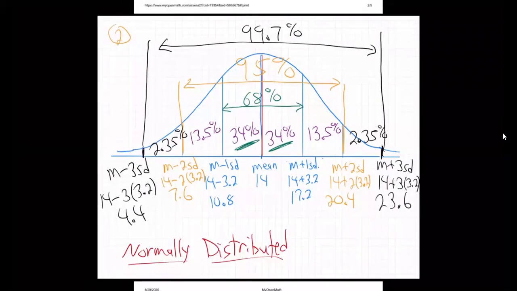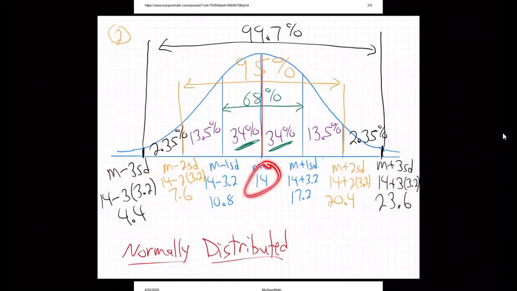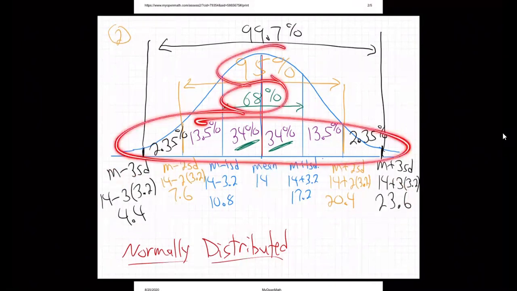You don't need to memorize it. You would just write this bell curve. Those percentages will always be the same. Anytime you draw the bell curve, it means 34, 34. The numbers on the bottom will change from example to example. They'll give you a different mean and a different standard deviation. But these percentages, 68, 95, 99, will never change. They're always the same.